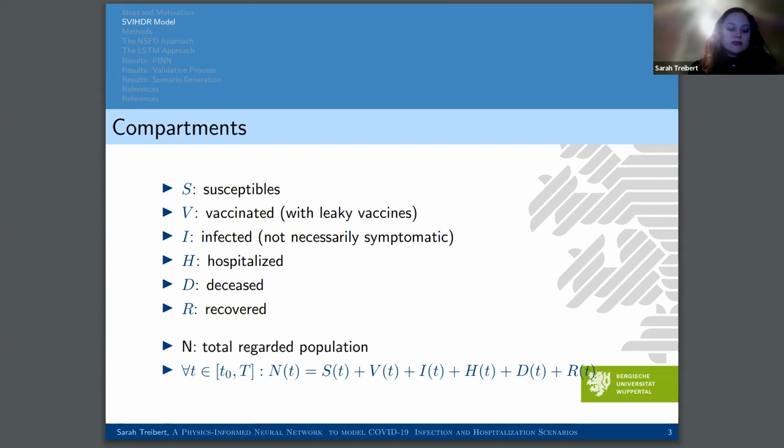So the term leaky vaccine means that the vaccinated people are not completely protected from getting infected. This would be the case in the so-called all-or-nothing vaccine, but they can actually get infected, but have this lower probability.